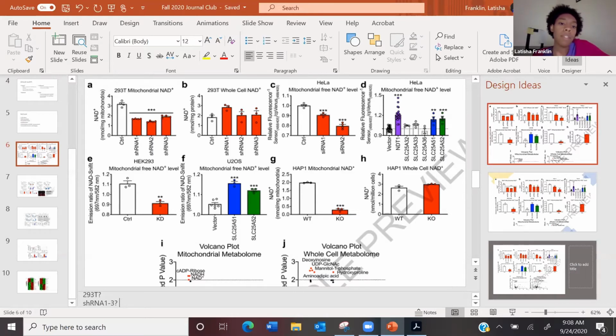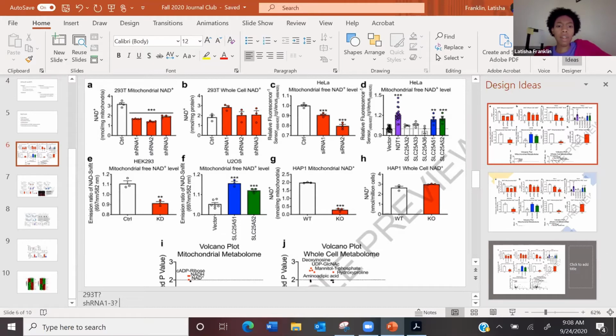Oh, okay, now that makes sense. In panel A they're looking at nanomoles per mg of the mitochondria, versus here they're looking at the whole cell. And so this is why they're looking at the protein.